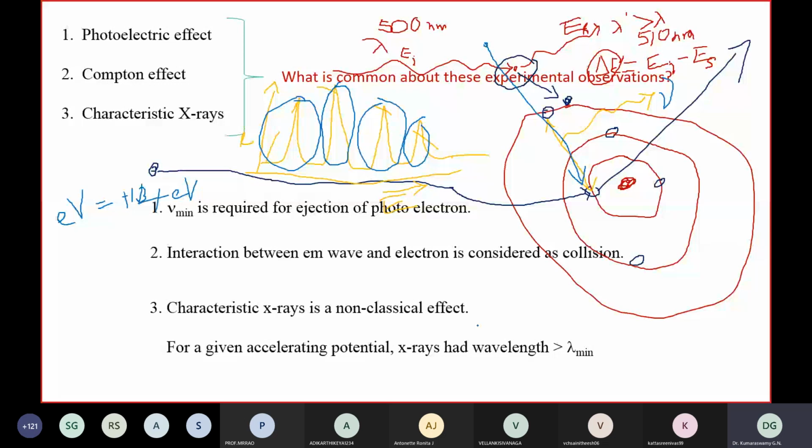High energy electrons incident on a material knock off the core electrons.